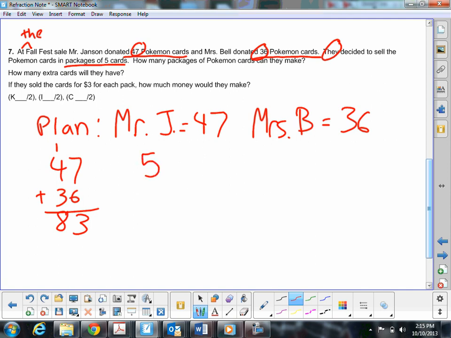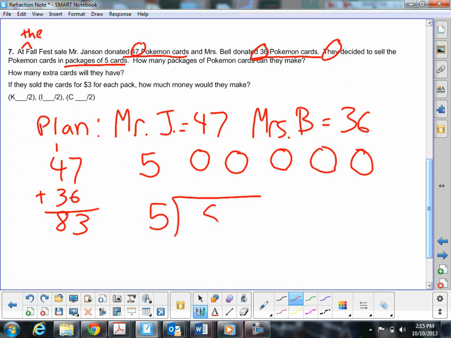So you have this number 83, and you have to put them in groups of 5. 1, 2, 3, 4, 5. Well, to do that, that is a form of repeated subtraction, or in what we've been studying, division. So 5 into 83. 5 goes into 8 one time. 5 times 1 is 5. 8 subtract 5 is 3.